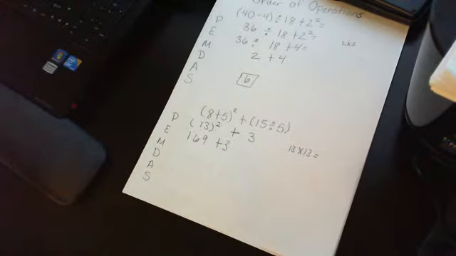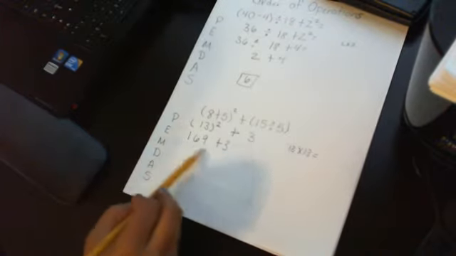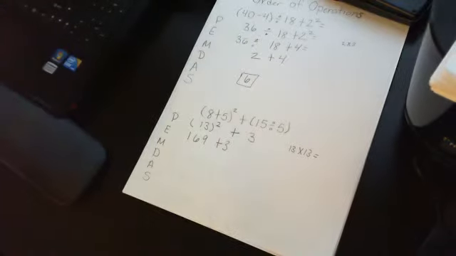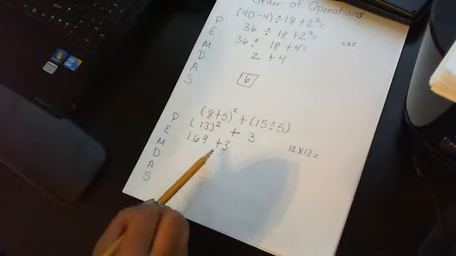Now we go to the letter M, multiplication. Is there anything that needs to be multiplied in this part of the problem? No. Is there anything that needs to be divided? No. Is there something that needs to be added together? Yes, because we have a plus sign right here.